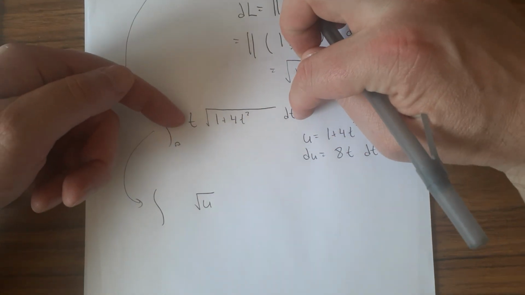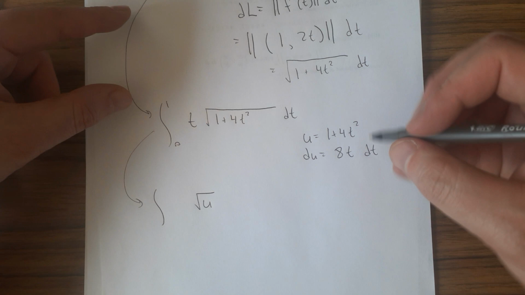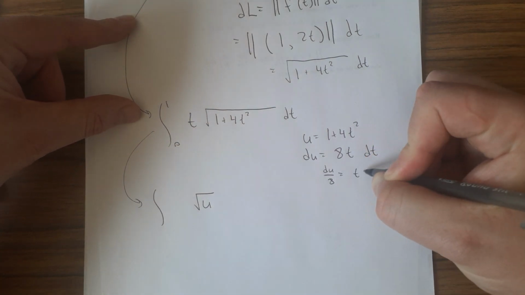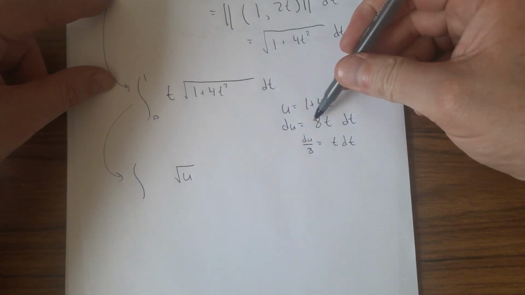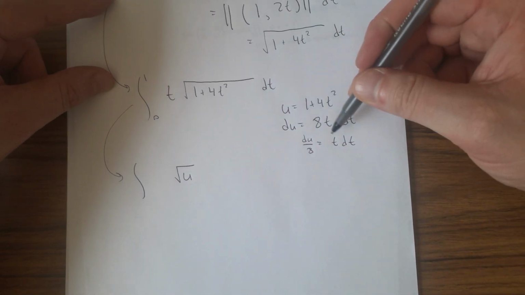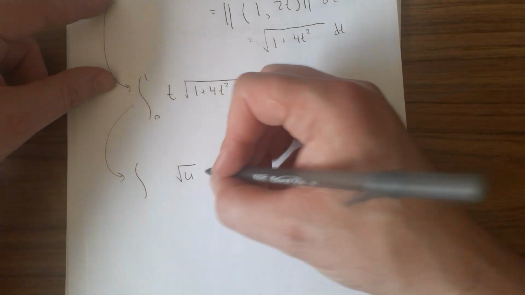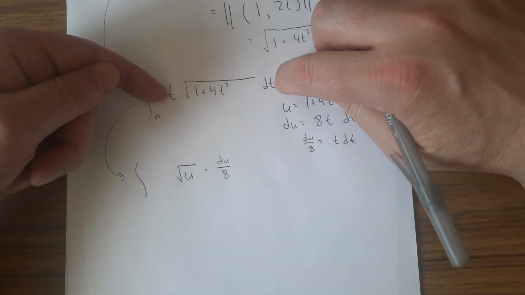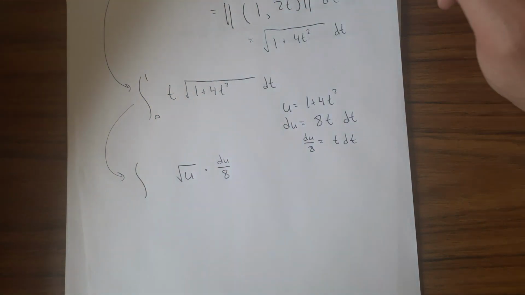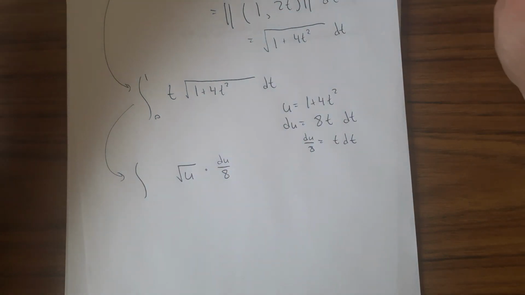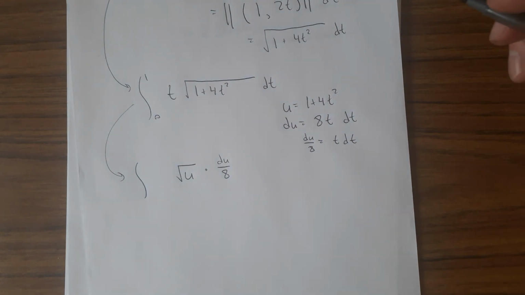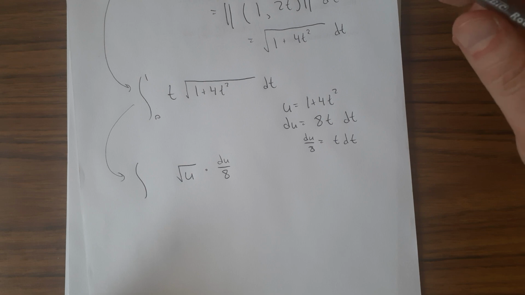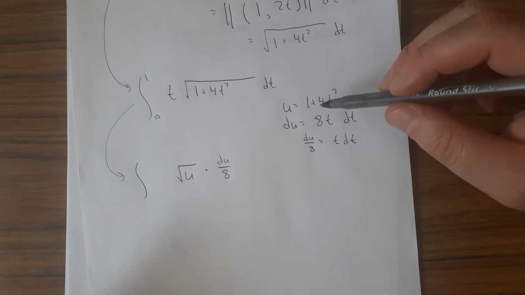And then for the t dt, because of this, t dt is du over 8, so I took the t and the dt and replaced it with du over 8. I'm changing variables here, and I do have limits of integration. I'm going to do this the method where I change the limits of integration.